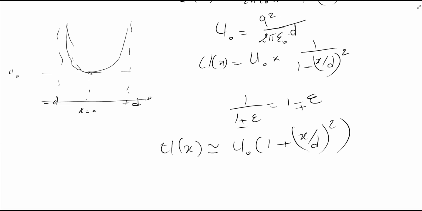Dropping contributions in higher order, so we're neglecting any term of the order of x cubed and up. Actually, the next order term will be x to the power 4. So we're neglecting higher order terms, the terms of the order of x over d to the power 4.